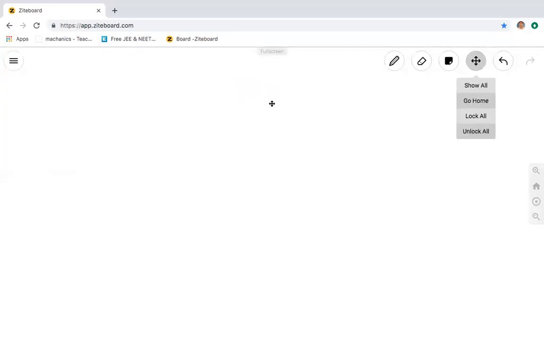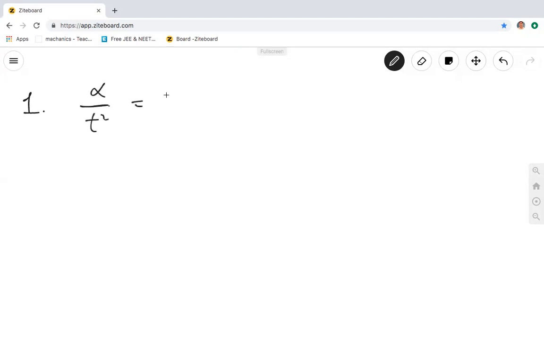Okay? Yes, sir. Let me go to this. This is the second important concept. Let me go to number one. Let me just start numbering again. If I have alpha by t square is equal to f v plus beta by x square, this is an equation. And from here, I want to find the dimensions for alpha and beta.